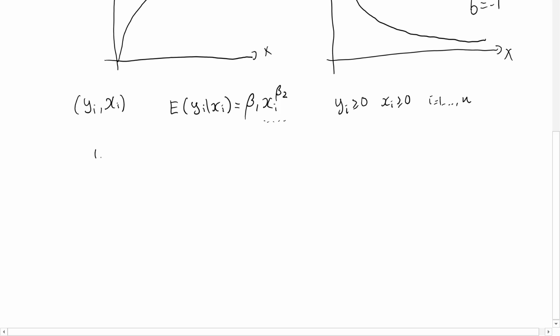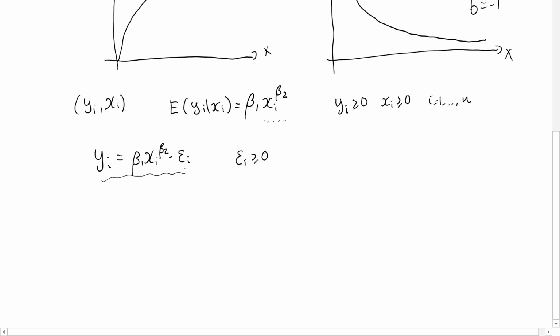So our complete model would be yi is equal to beta 1 xi raised to beta 2, and not plus epsilon i, the way we typically do it in a regression model, but multiplied by epsilon i, where epsilon i is now a random term that's also assumed to be greater than or equal to 0. So this will be our complete specification.